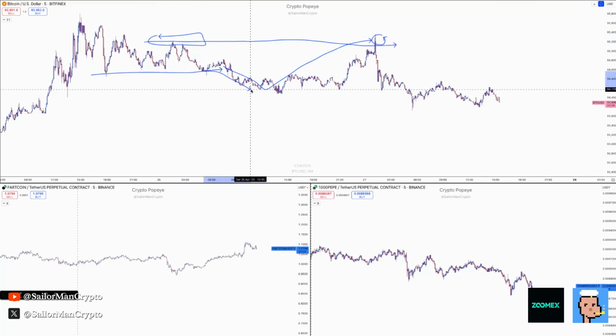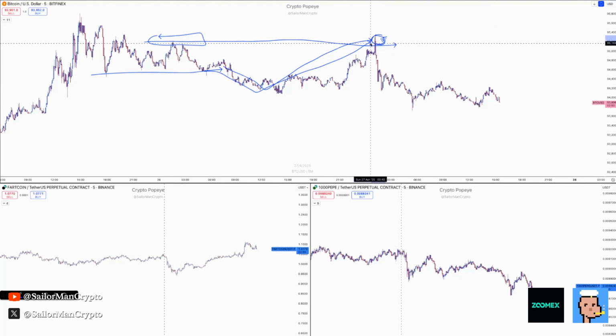You know that here there was a break of structure, so potentially here you want to turn short. So while Bitcoin is reaching this level, you can monitor Bitcoin and see if it gets the rejection you are aiming for or expecting.